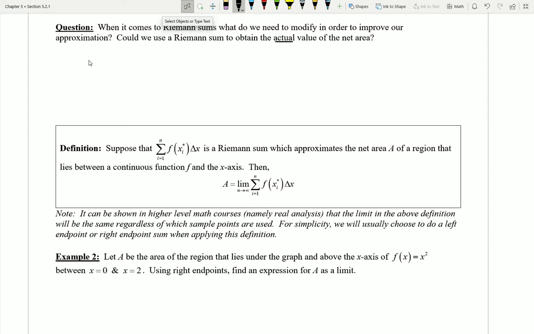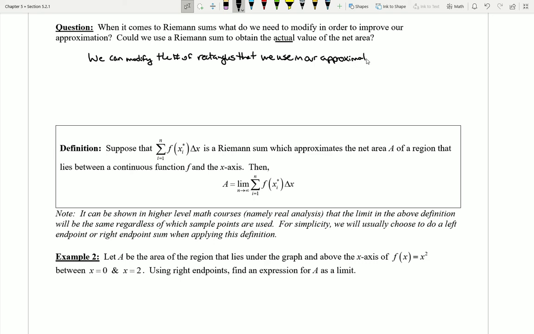So how do we improve it? We can modify the number of rectangles that we use in our approximation.